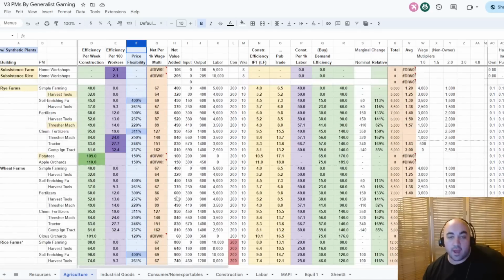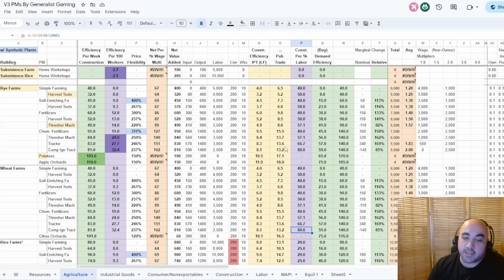We also have a couple of cells that feed into the same one, and I try to keep them color coordinated. Construction per 1,000 labor, or the amount of construction required to employ up 1,000 people. This will get higher and higher as you use labor-saving PMs. Is this working correctly? This is supposed to be the total construction cost per labor, but it seems to be inverted. I'm not sure exactly.